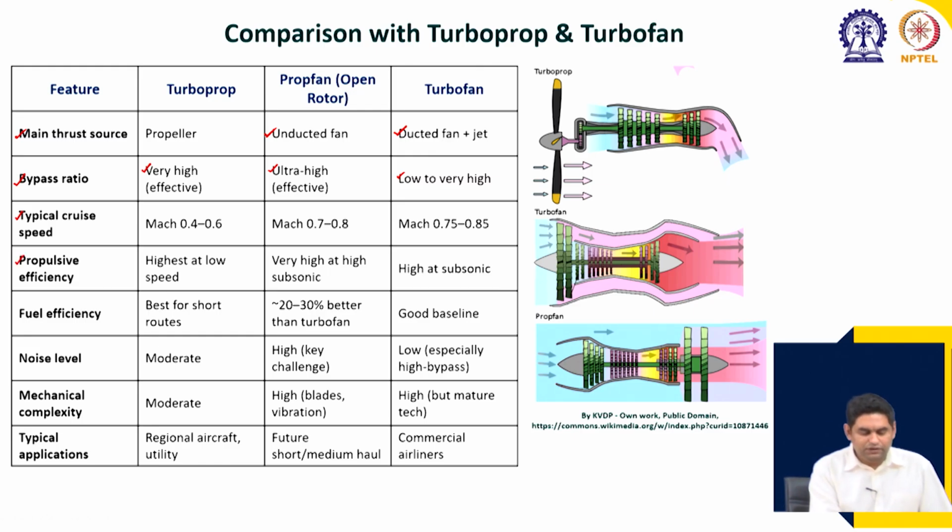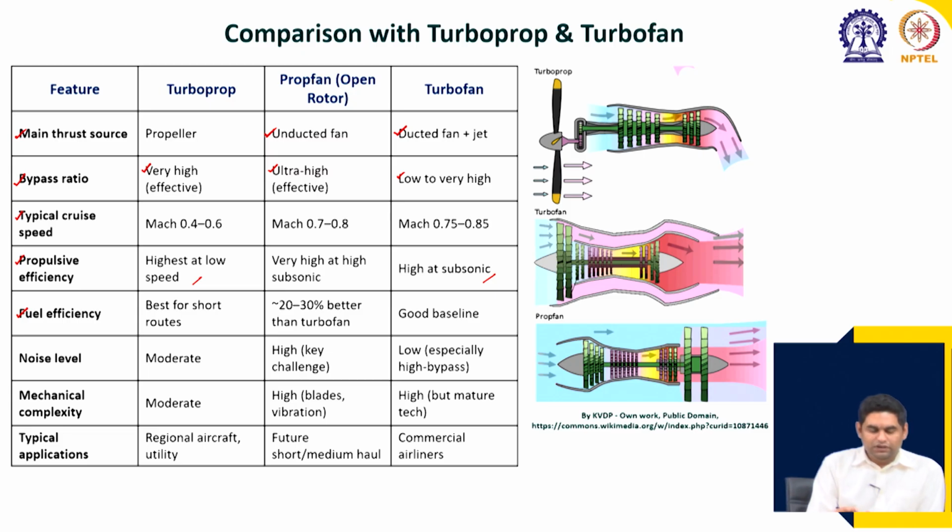Propulsive efficiency is highest at low speed. Propulsive efficiency for prop fan is very high at high subsonic speed, but turbofan also has good propulsive efficiency at high subsonic speed. Now, the important difference comes in fuel efficiency. Fuel efficiency is highest for the shortest routes using turboprops. Okay.